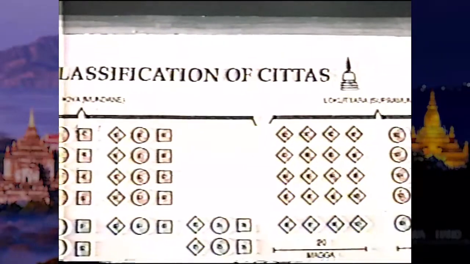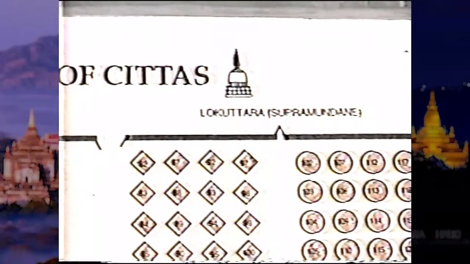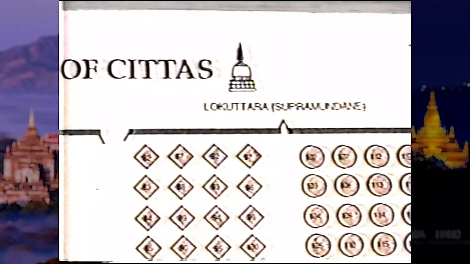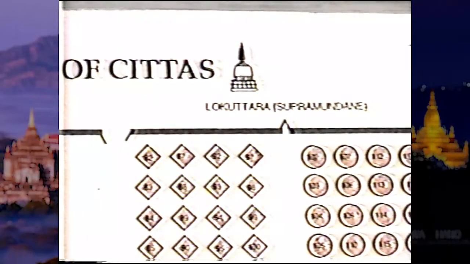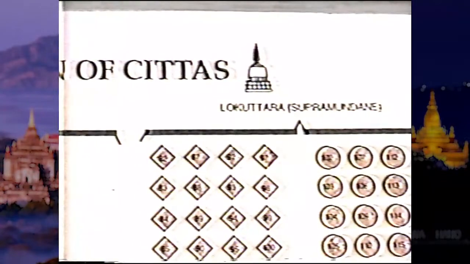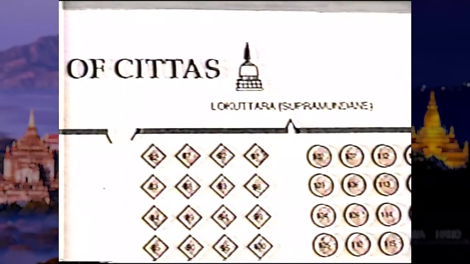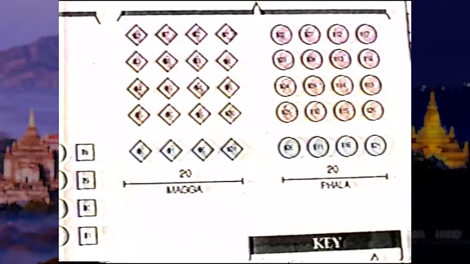And lokuttara cittas are those that transcend that loka, that transcend the 5 aggregates of clinging. That means that are out of the objective field of craving, or simply that are not objects of clinging. So they are called lokuttara. And among the lokuttara dhammas, there are magga cittas, we'll come to that later, and then phala cittas, and also nibbana.